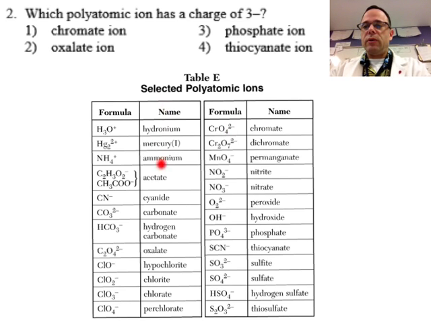Oxalate. Where is oxalate? There it is. It too is a 2-. Phosphate. Phosphate right there, 3-. Looks good, but let's inspect the last for completeness. Thiocyanate is just a 1-. We are looking at choice number 3.